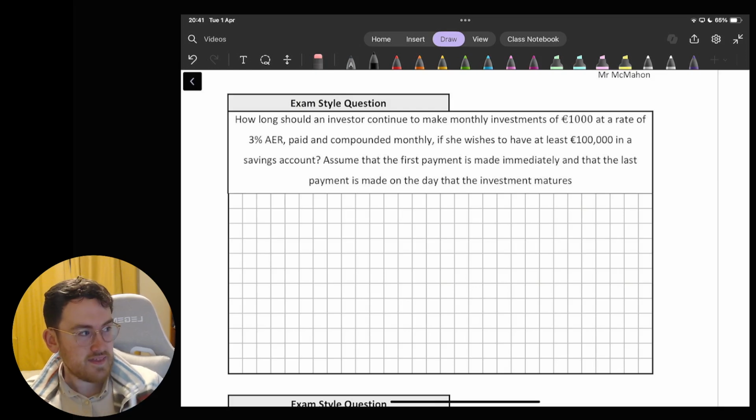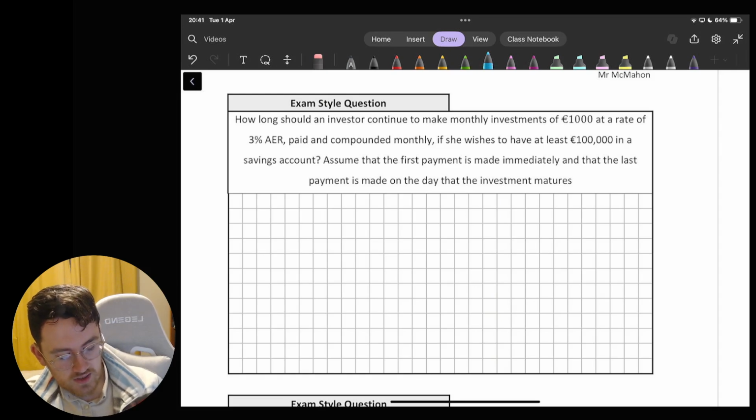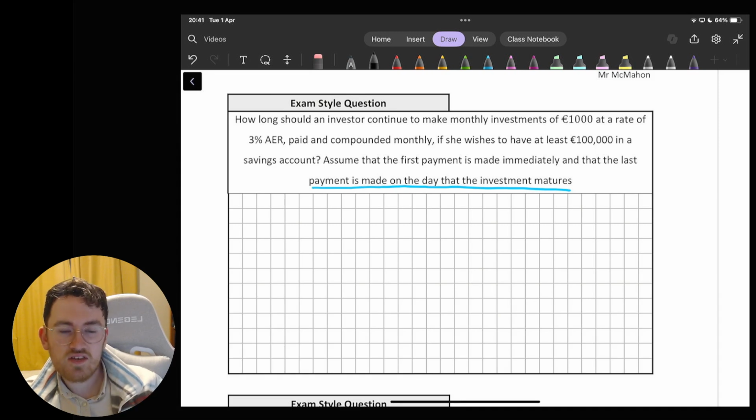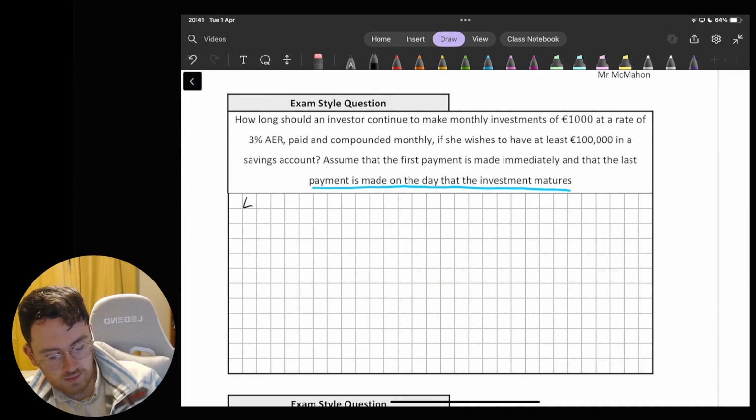In this question, it is probably in our best interest to consider the last payment first, because they've mentioned that specifically here, and I think it's interesting for us to look at. So they've said the last payment is going to be made on the date the investment matures.